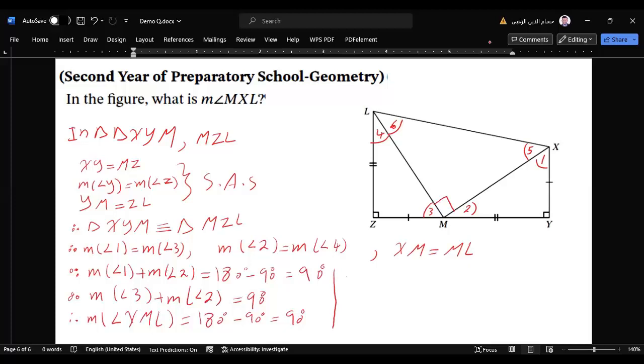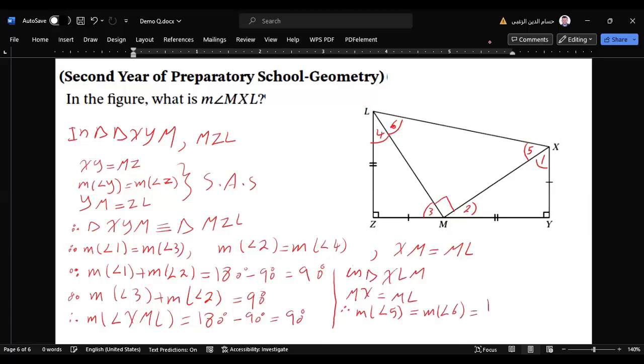So in triangle XLM, we have MX equals ML, so it is isosceles. Then the base angles, which are 5 and 6, are equal: the measure of angle 5 equals the measure of angle 6.